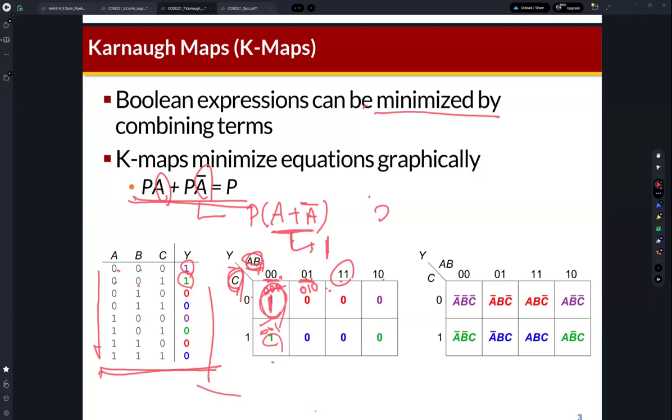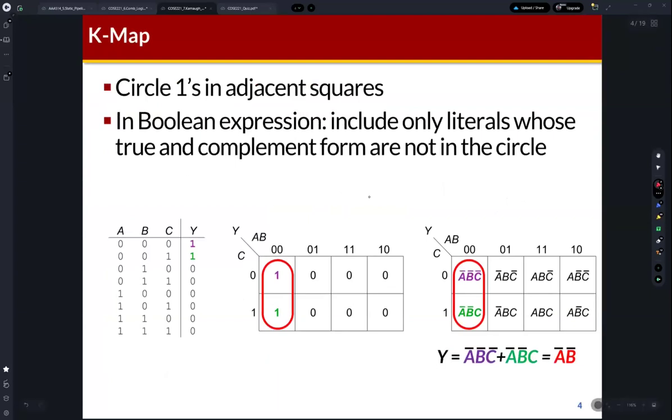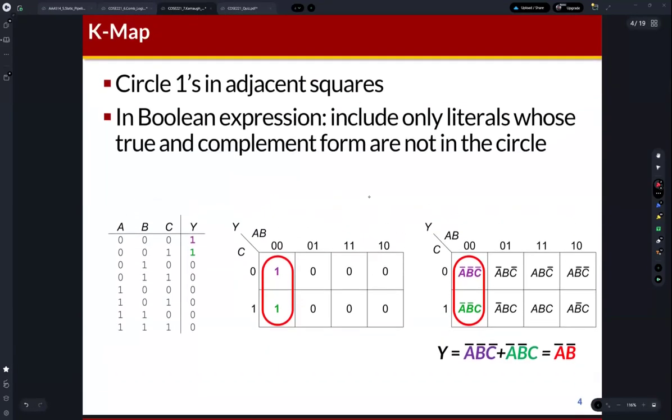We list the input combinations in the horizontal and vertical directions, and then write the outputs in this 2D matrix. Then how can we optimize the equation? Okay, so this is the example.